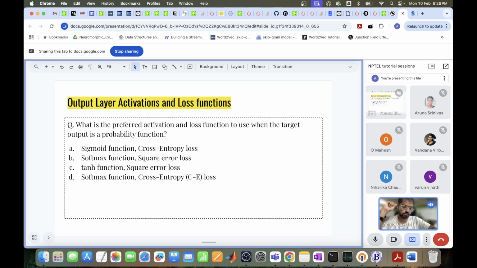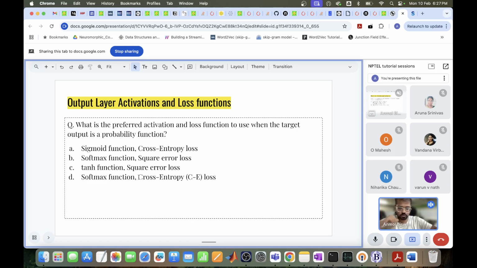We'll see how the softmax function is defined in a moment, and much later, after we are done discussing all of these example questions, I will go through a little bit more detail about the softmax function in association with cross entropy loss, and how you compute the gradients for that.